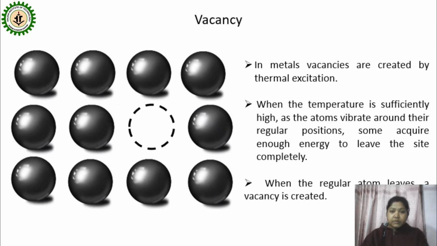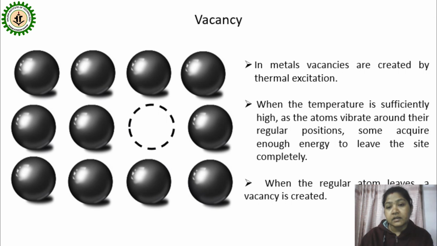So let's discuss the vacancy. What is vacancy? Now you can see here in the picture that there are regular atoms, the black color atoms shown here. Inside them, one atom is missing, and that is identified by a dotted circle. So the missing of the atom is called the vacancy.